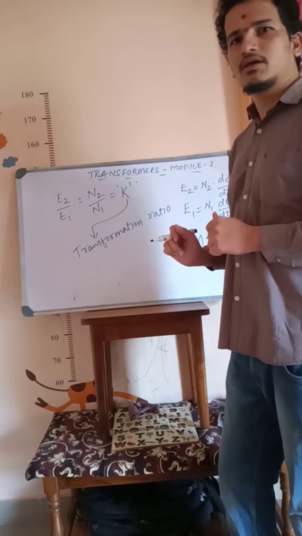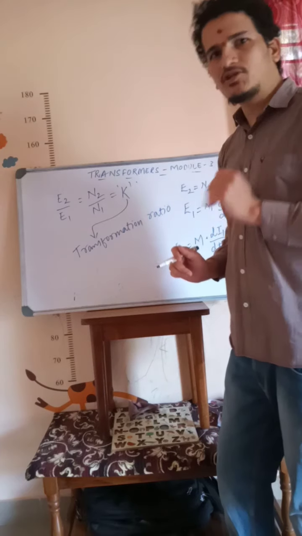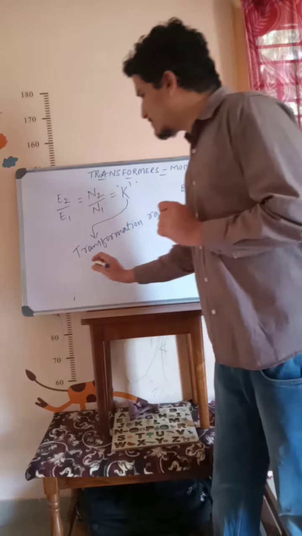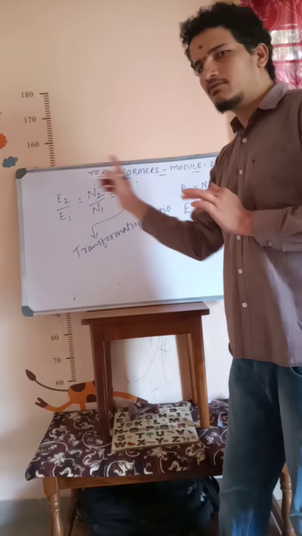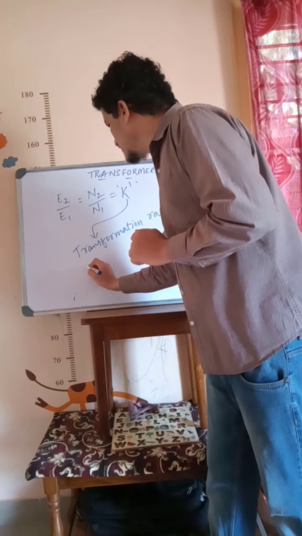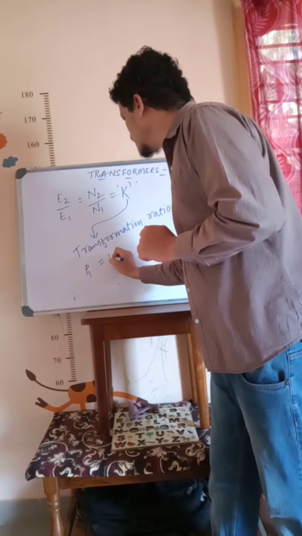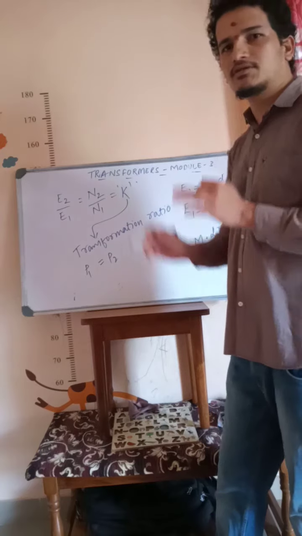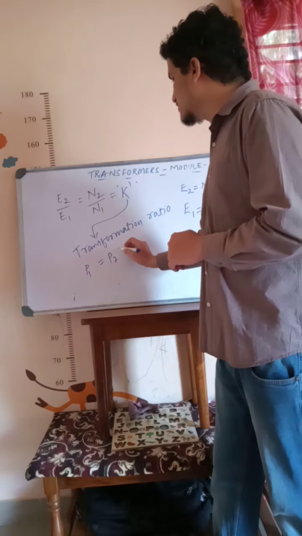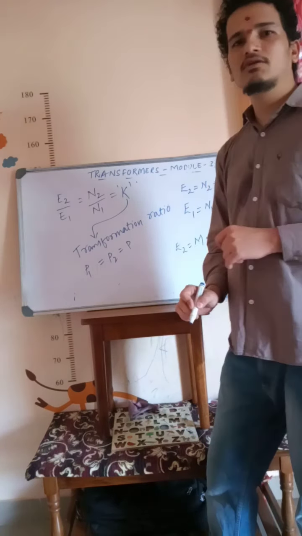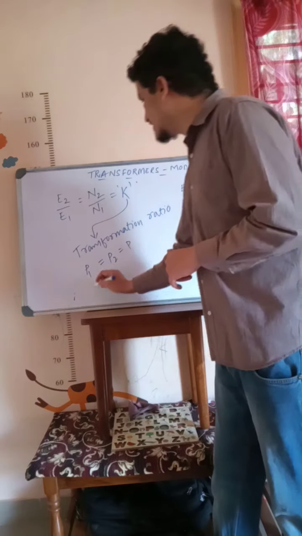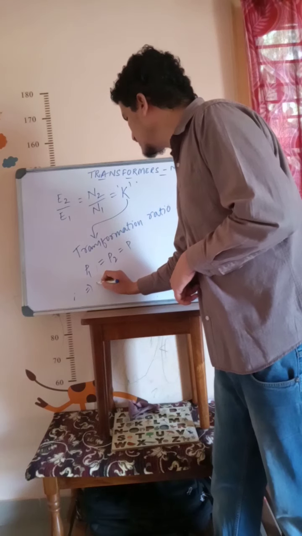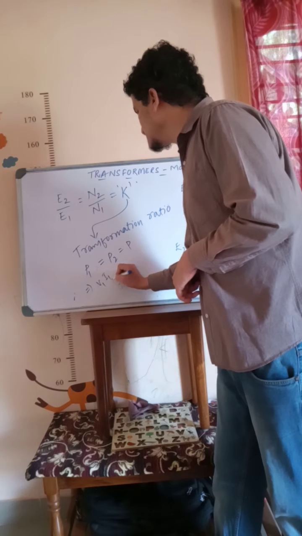What is that other way? From the basic definition of transformer, the power remains same in the primary and the secondary. Means P1 must be equal to P2. If I take P1 as the primary power and P2 as the secondary power, they must be equal according to the definition of the transformer. P1 is the product of primary voltage and primary current, so V1 into I1.